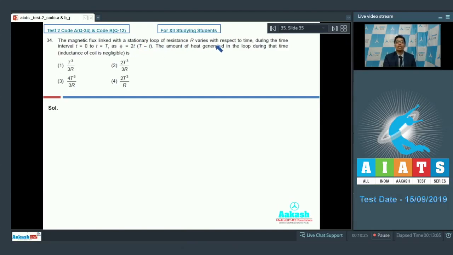The amount of heat generated in the loop during that time is, we have to assume that the inductance of the coil is negligible. Now dear students, the flux has been given to us to be equal to 2t(T minus t), which can also be written as 2tT minus 2t square.